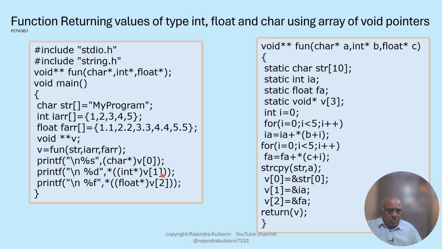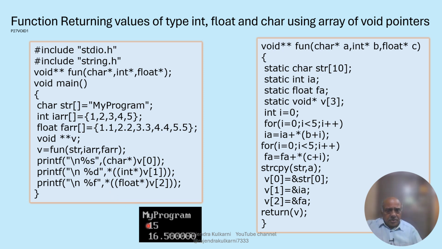So from void we typecast it into int, and this star value at address operator dereferences that pointer and gives us the value stored or pointed to by that pointer. Similarly, here the pointer in V subscript 2 is being typecasted to a float pointer and then dereferenced using this star operator.